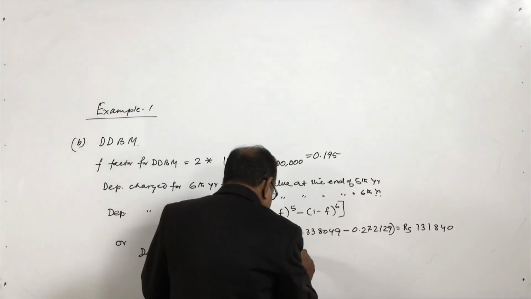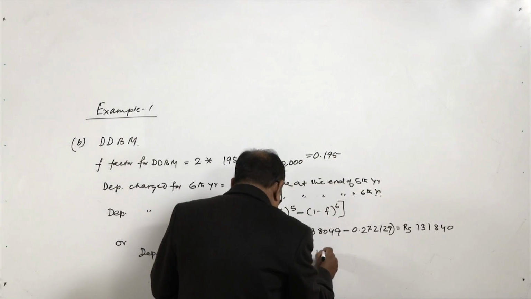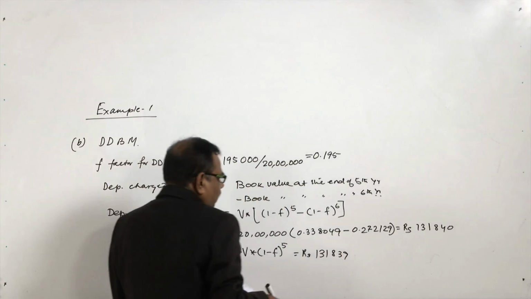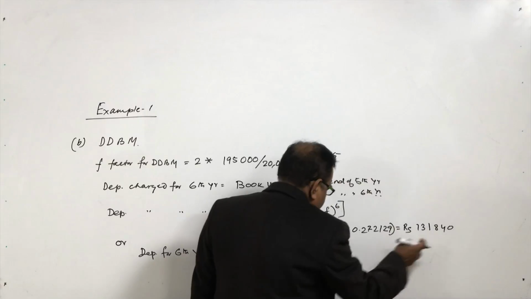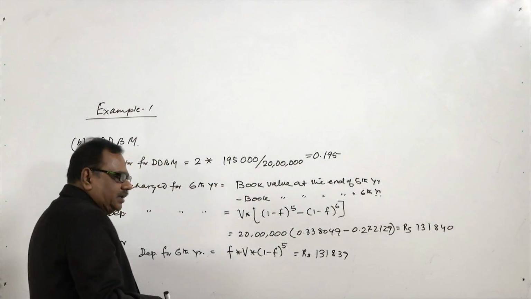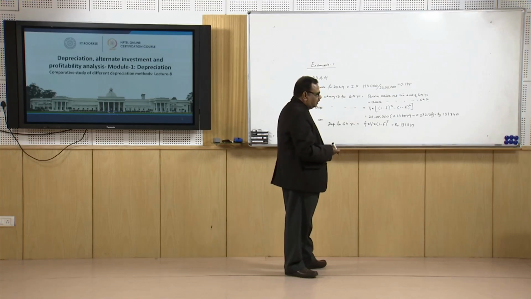And this is also equal to rupees 131839. This is 131840 and this is 131839, and this small mistake has been due to rounding error.